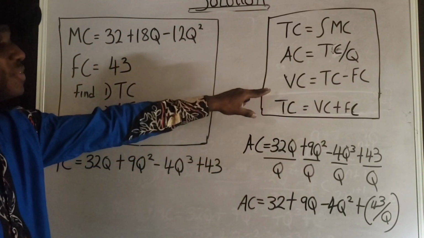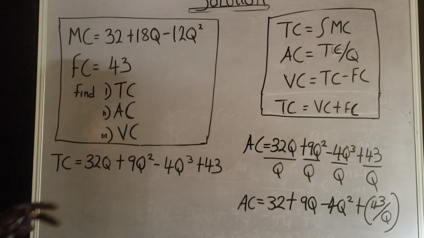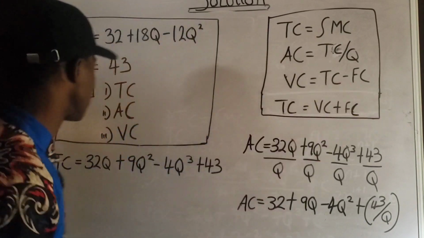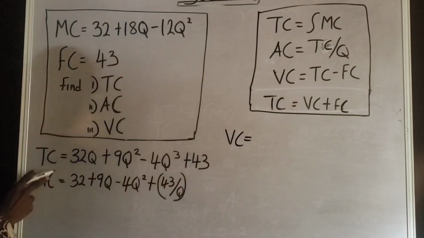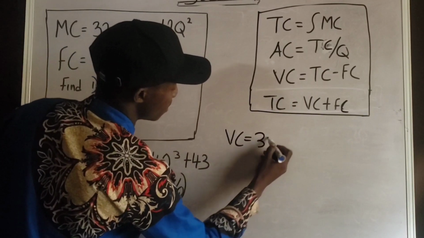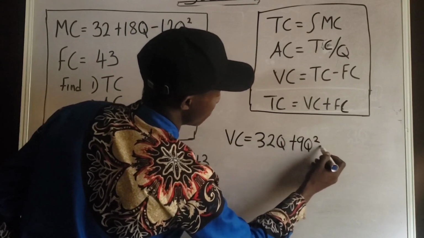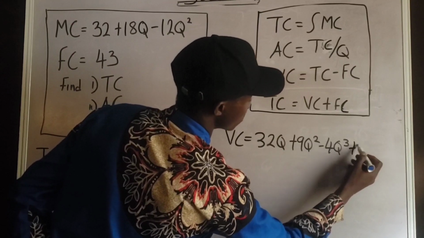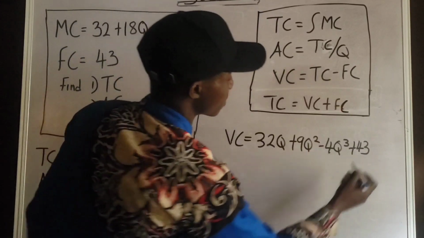Now let us calculate the variable cost function. To determine the variable cost function, don't forget that variable cost is equal to total cost minus the fixed cost. Variable cost is equal to total cost, which is 32q plus 9q squared minus 4q raised to the power of 3 plus 43, minus the fixed cost.